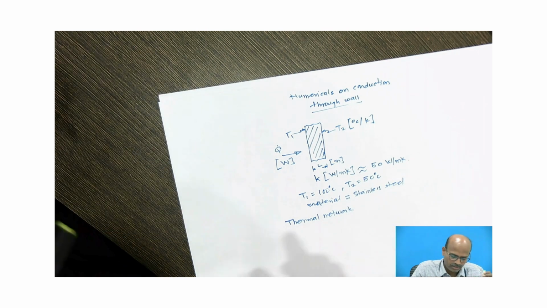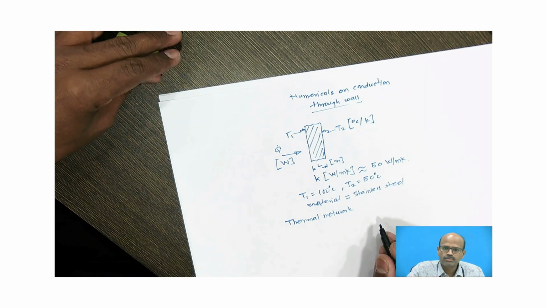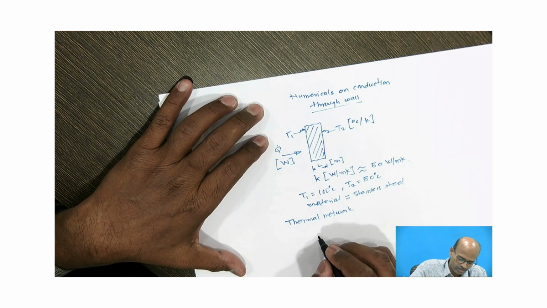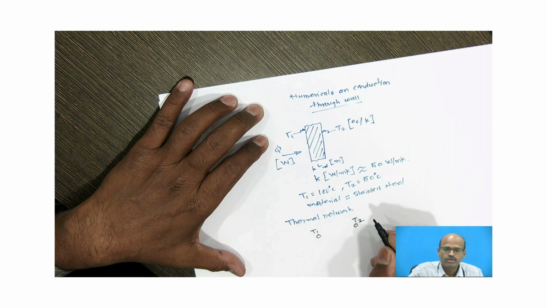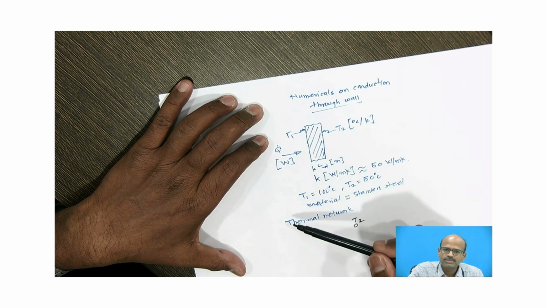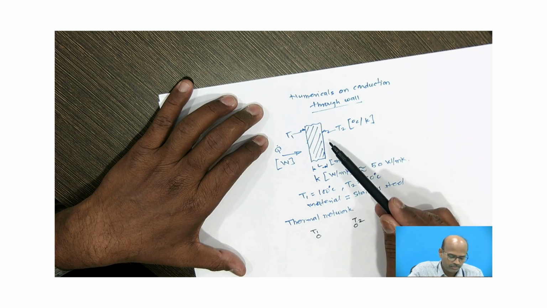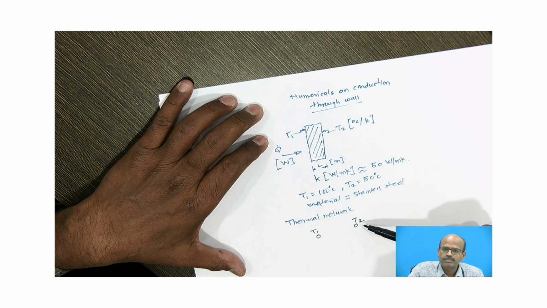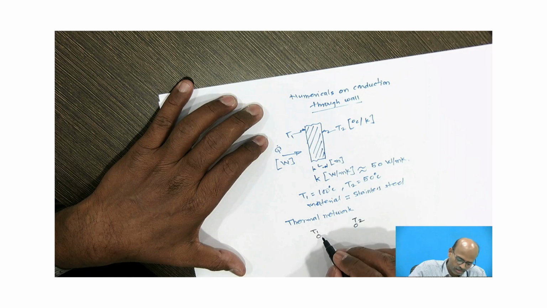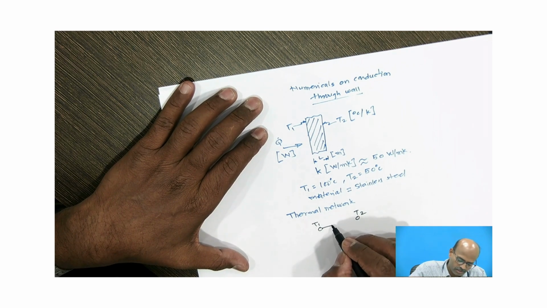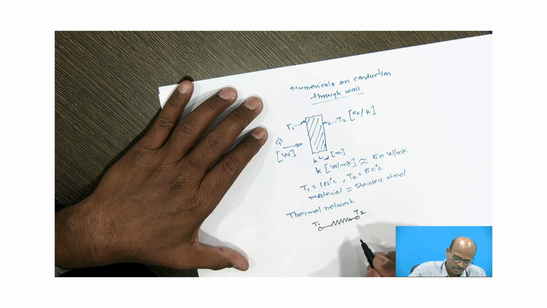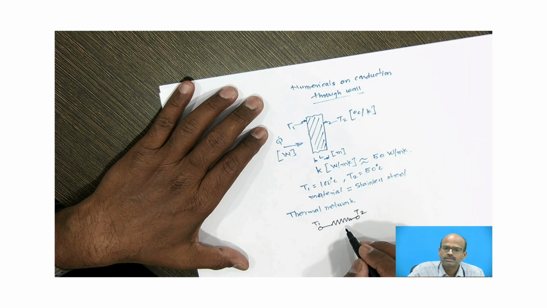Now in the thermal network, there will be two nodes. This is the temperature T1, this is the temperature T2. So here inner surface is represented by T1, outer surface is represented by T2. Then as per the electrical analogy, this is the symbol for representing thermal resistance.